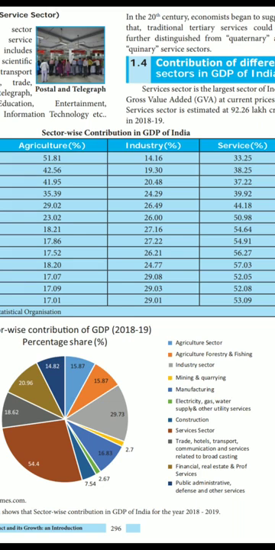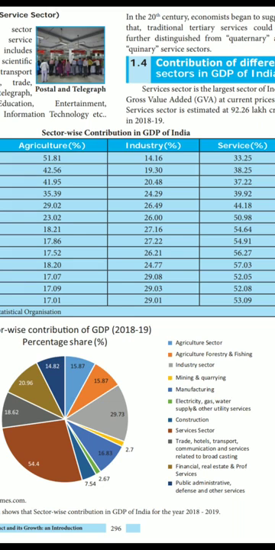Electricity, gas, water supply and other utility service, how many percentage of GDP? 2.67 percentage. Next, construction, how much percentage? It was 7.54 percentage. Next, service sector, 54.7 percentage.